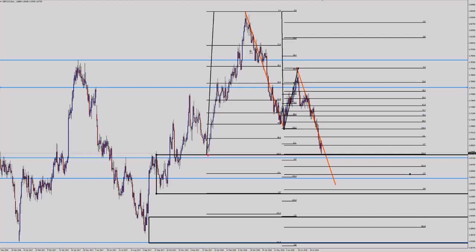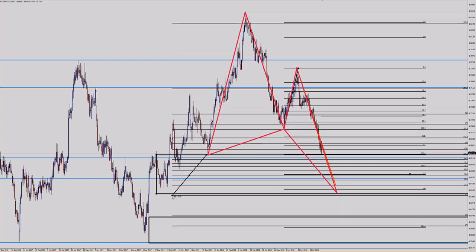And we're going to go ahead and go X to A to B, and again we got B to C, and then we're going to come down into this 127 level right in here, C to D, and we got a nice little pattern that's developed there. The other pattern I liked, the area that I was talking about we can measure from, is this area here.